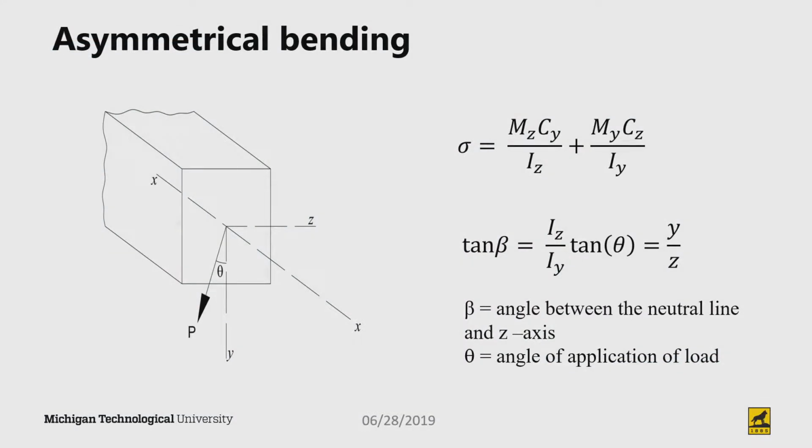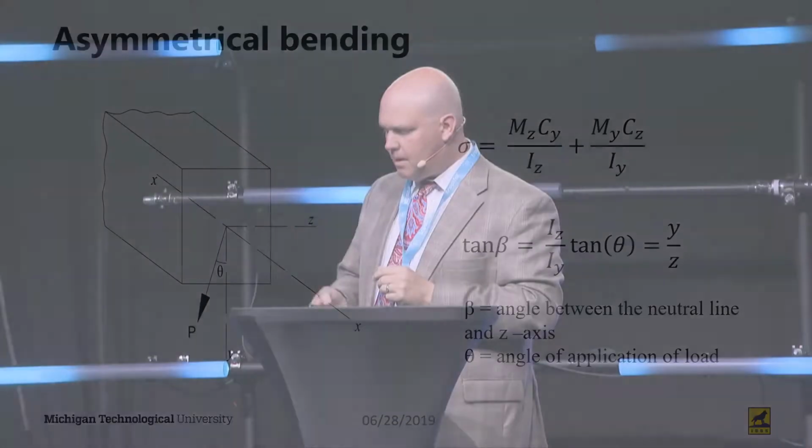So what we're going to do is tilt the sample a little bit, at a slight angle. If we go back to our solid mechanics, we can come up with this first equation for combining both axes of bending.